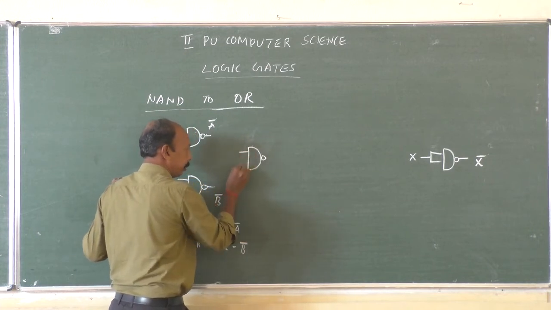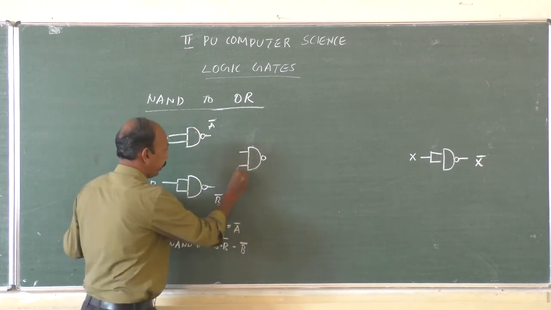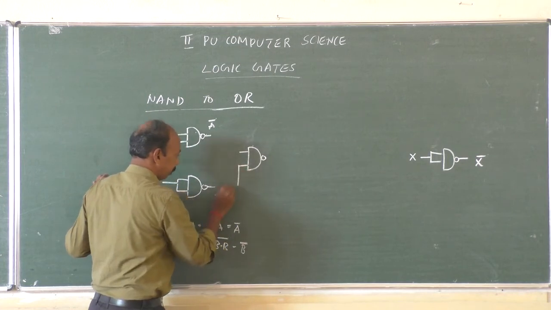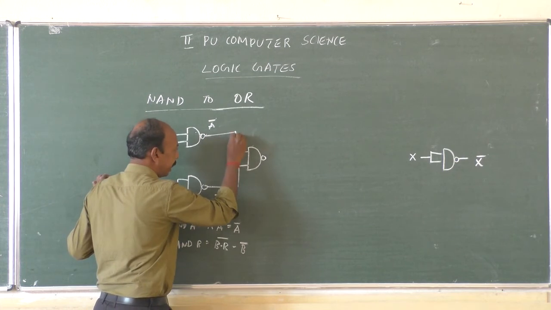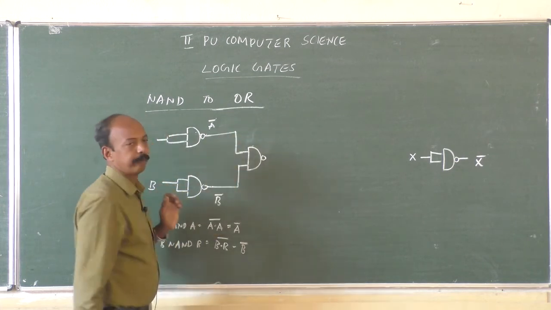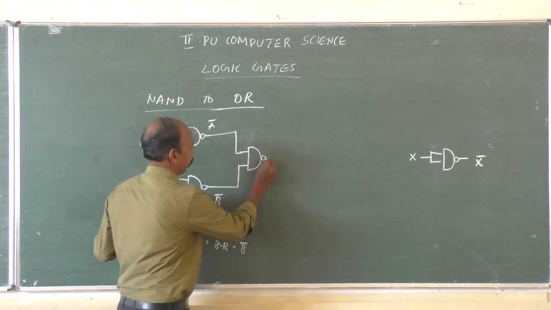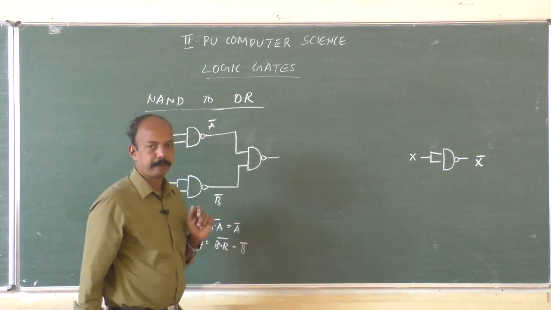Needs two inputs. We shall feed the output of the first two NAND gates to the NAND gate in the second level. So what will happen here?